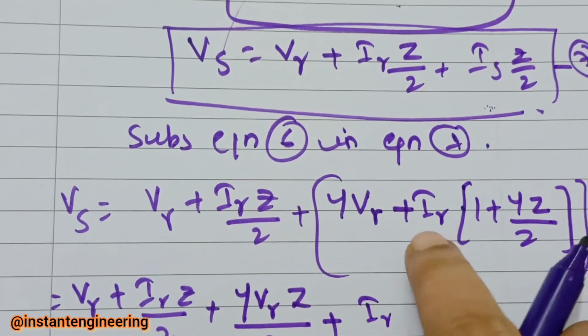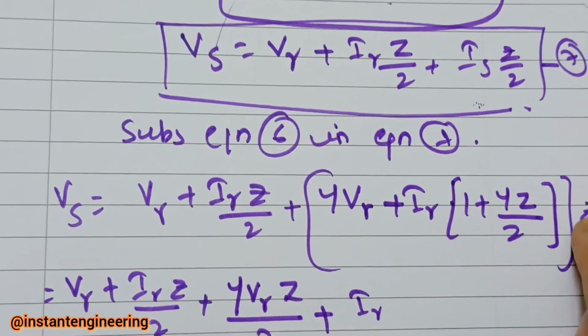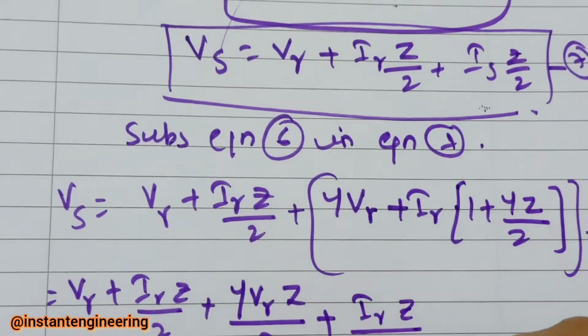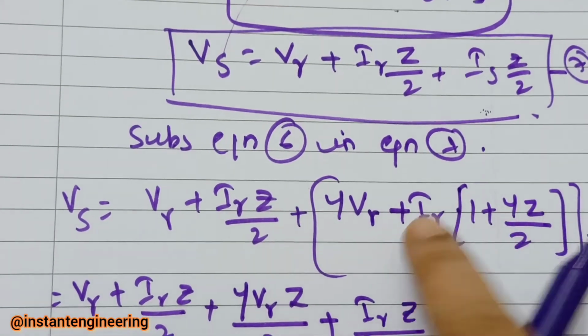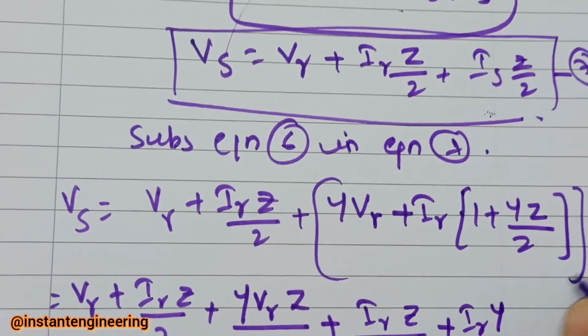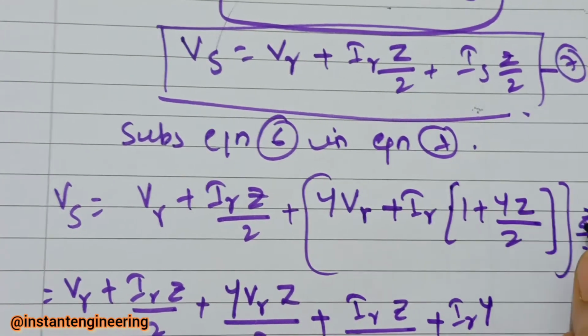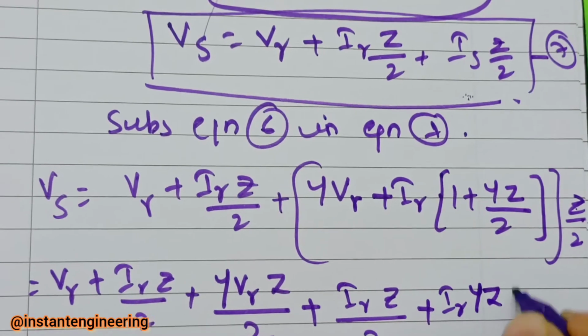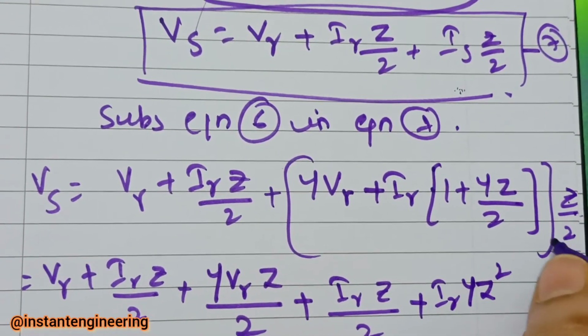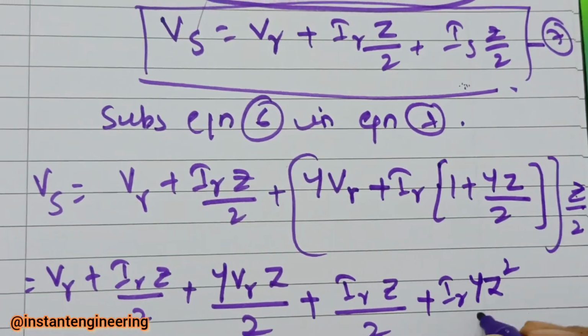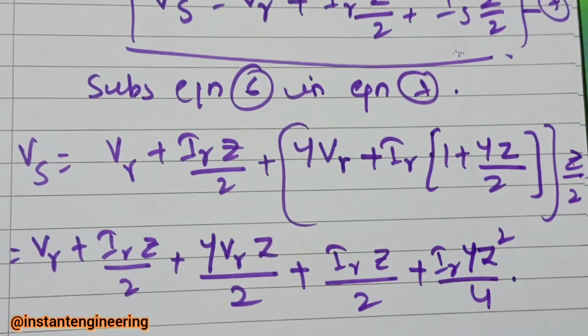So this will be IR into 1 is IR into Z by 2. Plus, this one is IR Y, here Z is there. This is multiplying with this one also. So Z square by 2 into 2. Remember this. This you people will not write. 2 into 2 is 4.